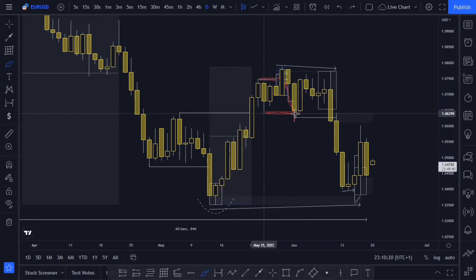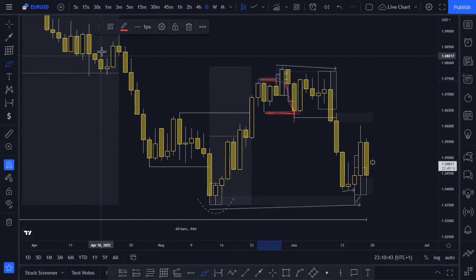So when we had this change of character here, it signifies to us that we are turning bearish. The confirmed trend is bearish, but we are kind of bullish on the bullish structure from this push here.